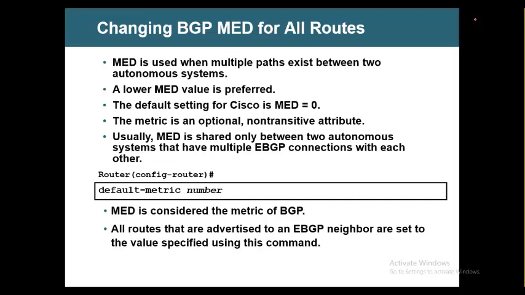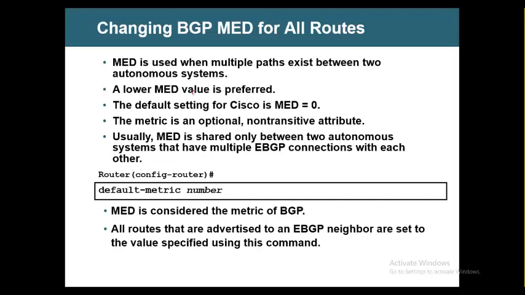When you have multiple paths to an autonomous system and you want to prefer one gateway over the other, you can set the lowest value. The default is 0. You can go to the other one which you don't like and give a high MED metric. Metric is the keyword command to match MED values.